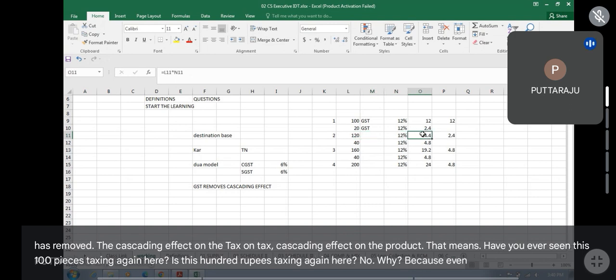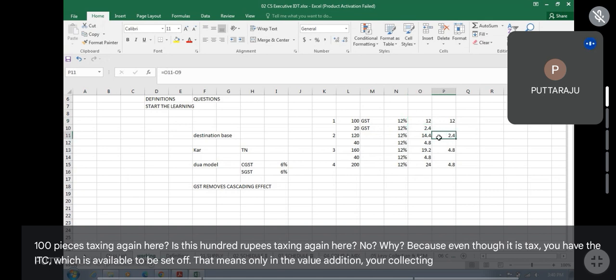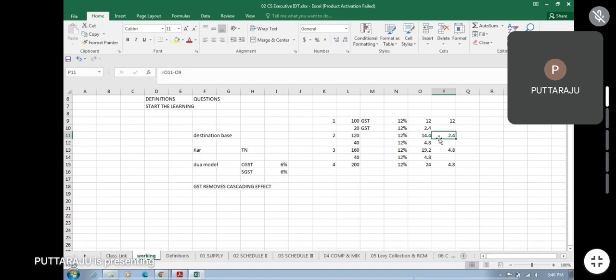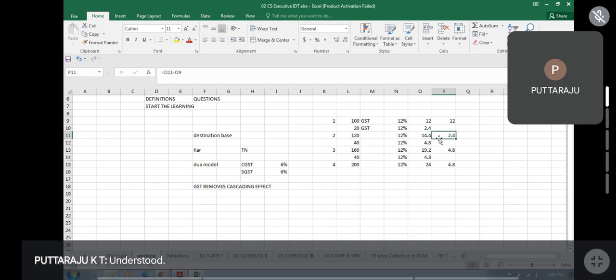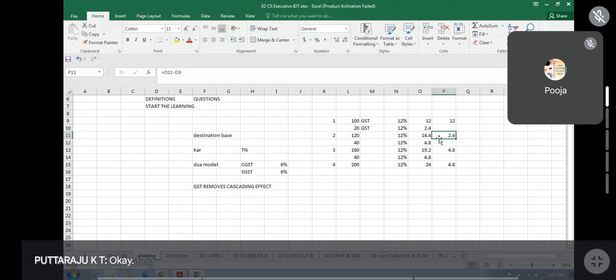Because even though it is taxed, you have the ITC, which is available to be set off. That means only on the value addition you are collecting the tax, in a nutshell. Understood? This is the cascading effect.